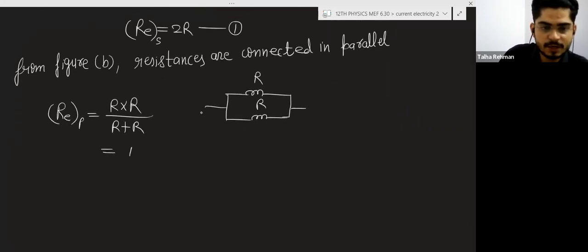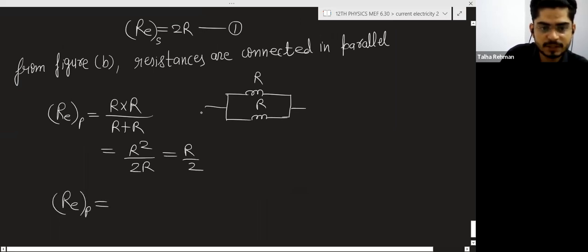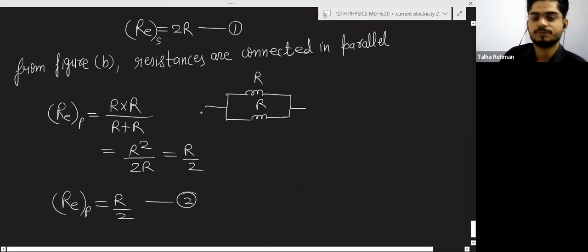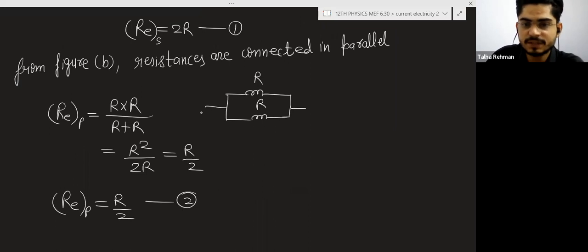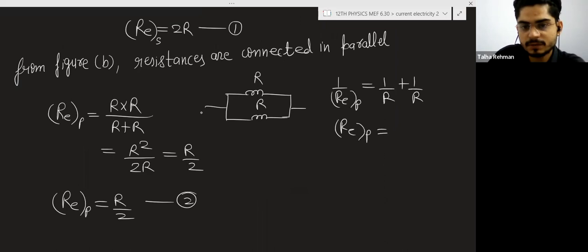So you will get R square divided by 2R, and you will get the answer R by 2. So equivalent resistance in parallel is equal to R divided by 2. So this is equation 2. Or you can find the equivalent resistance in this case as 1 upon R equivalent in parallel is equal to 1 by R plus 1 by R. Then again you will get R by 2.